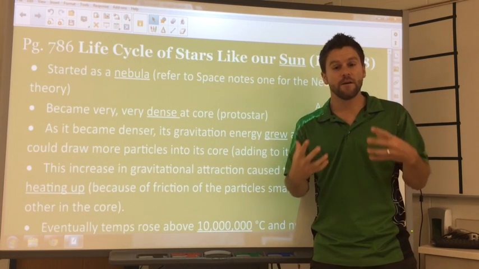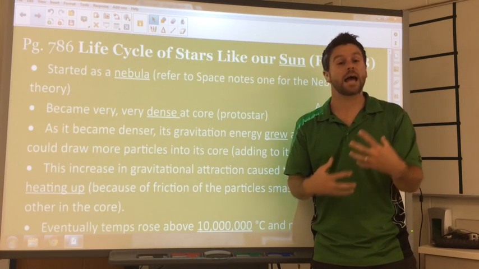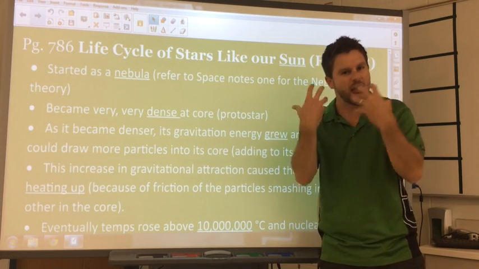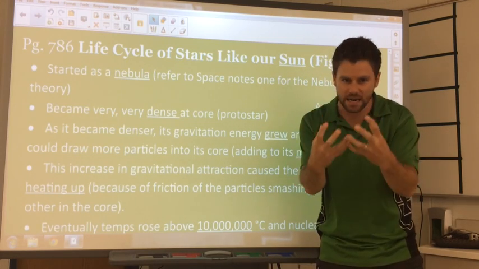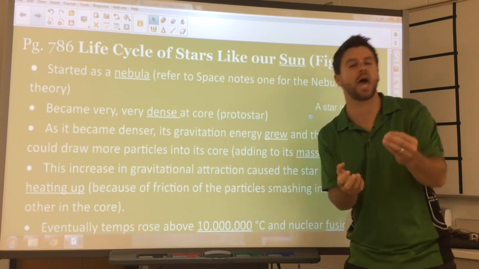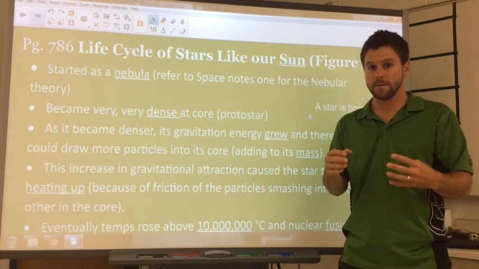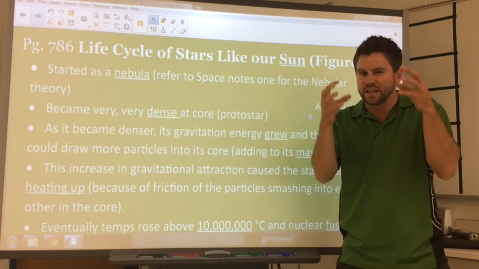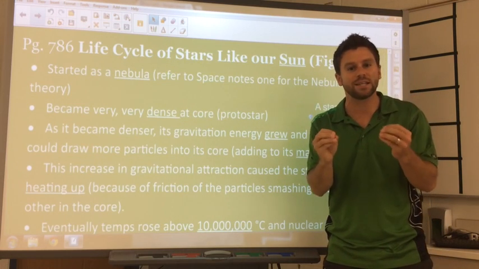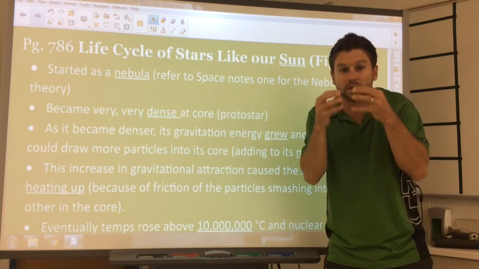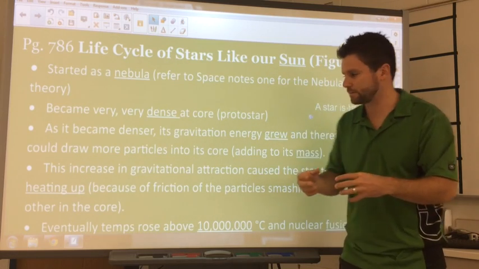That's right. Friction causes heat. And so the core of the protostar begins to heat up and heat up, really hot, until we get to somewhere around 10 million degrees, and all of a sudden something miraculous begins to occur. These hydrogen atoms, which are the smallest atoms that we know of, start to fuse together into bigger, heavier elements. Okay?